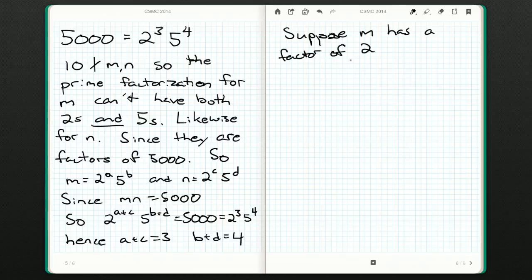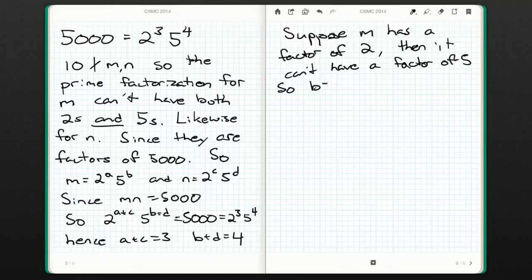Let's suppose m has a factor of 2. We already remarked then that m can't have a factor of 5. So then b would be equal to 0.